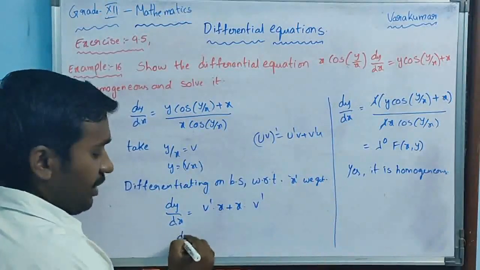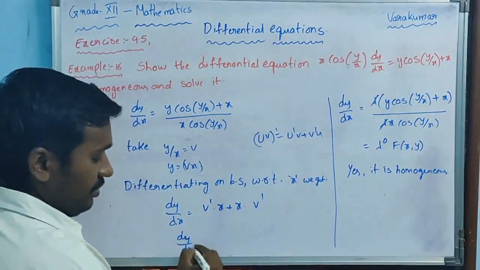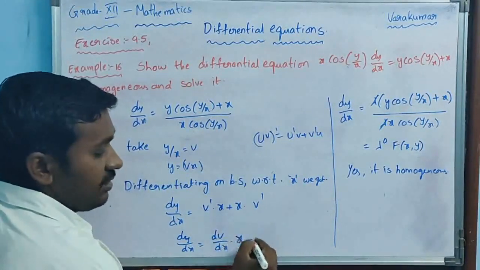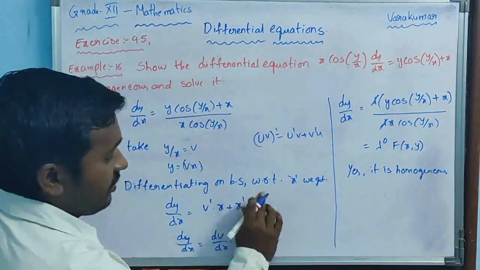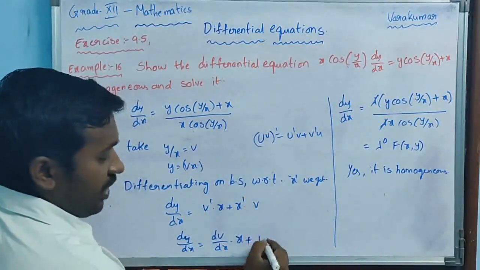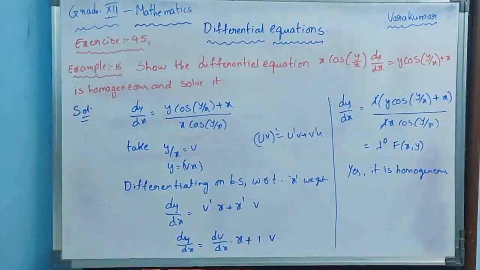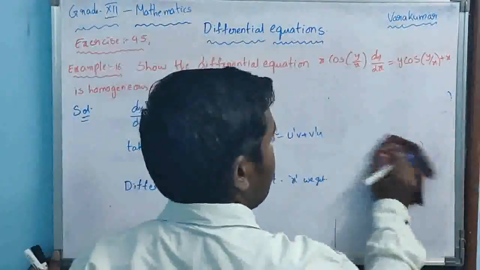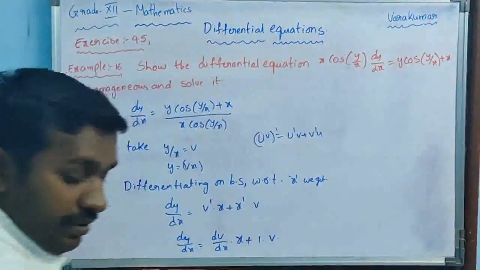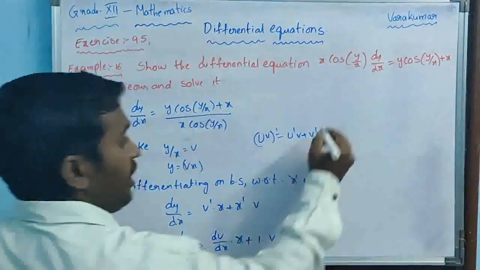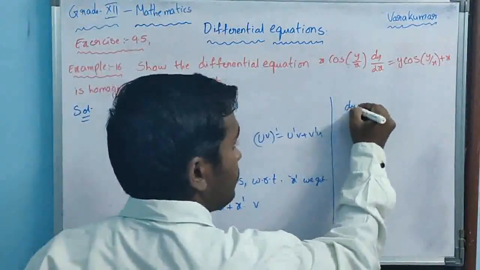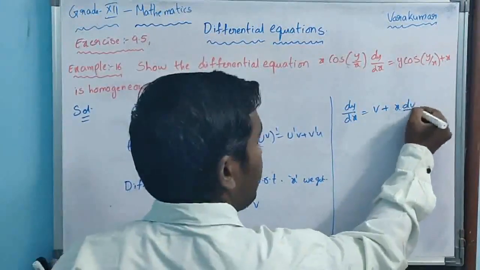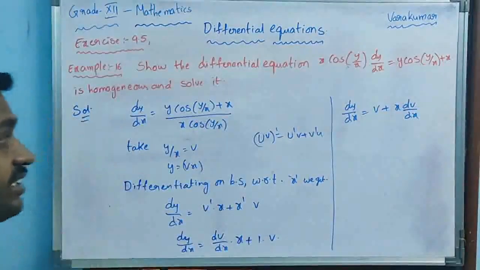So what can you write? dy/dx = v + x dv/dx. Now this whole expression needs to be substituted in the equation.